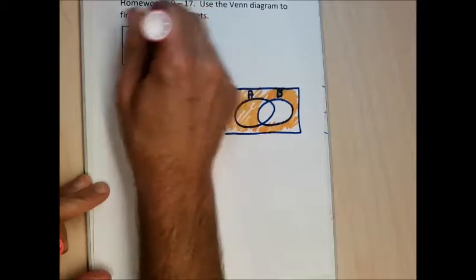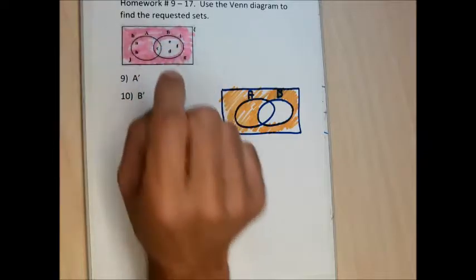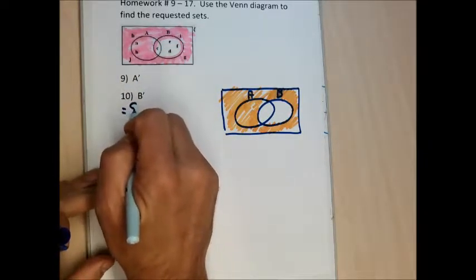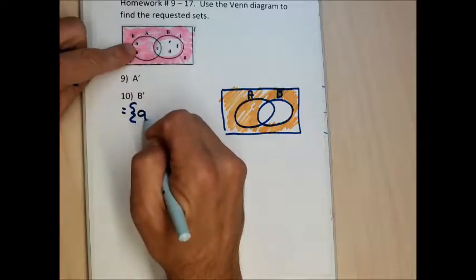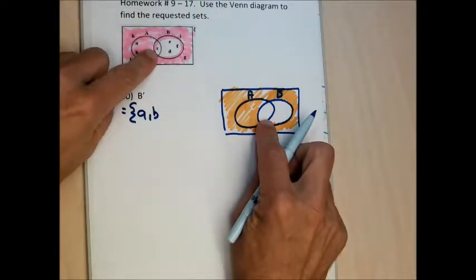The set that I'm trying to find is going to be anything that's labeled or shaded in those pictures. Of course, not the set names A and B. So let me try to just go through this and write my answer to number 10. And I'm going to try to go alphabetically. Anything that's shaded gets in my answer. So the A and the B get in my answer. The C shouldn't be shaded, so that's not going to be part of my answer.